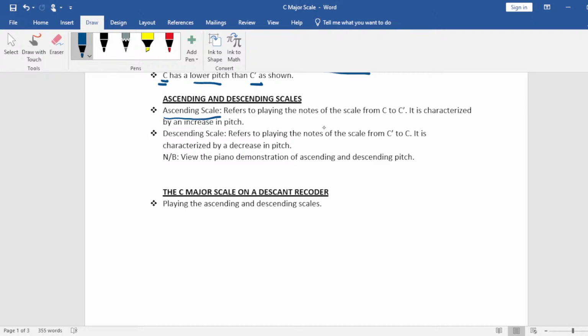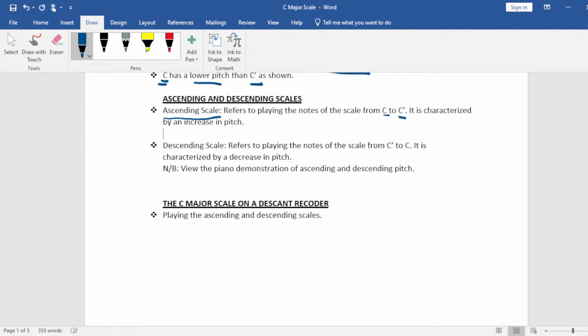An ascending scale refers to playing the notes of the scale from C to high C. In this case, it is characterized by an increase in pitch. For example, you start with C, then D, E, F, G, A, B, and back onto high C.